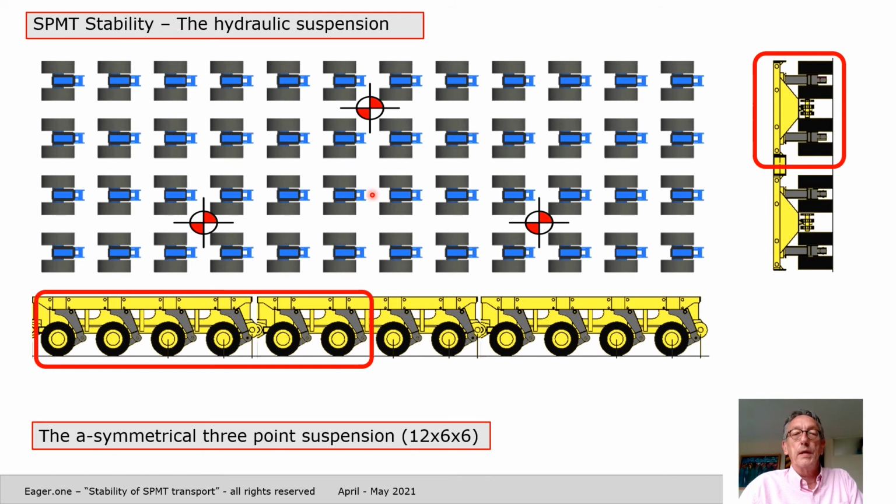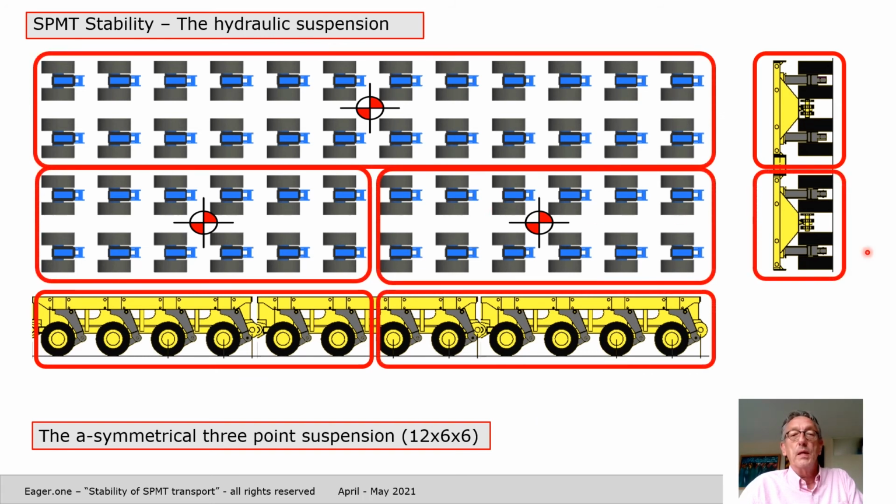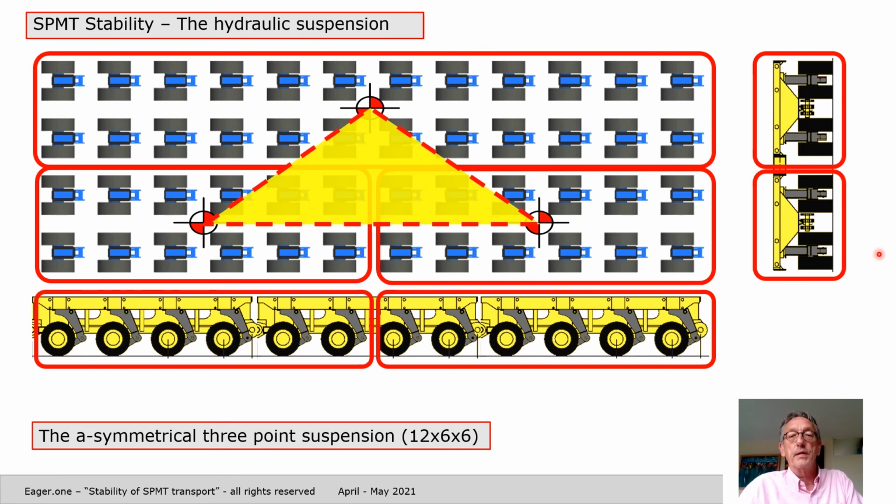Okay, here we have a completely different setup of a 3-point suspension, where we have at the left side of the trailer a bed of a total of 24 axles, and at the right side of the trailer 2 beds of each 12 axles being connected, and doing that we create an asymmetric 3-point suspension.